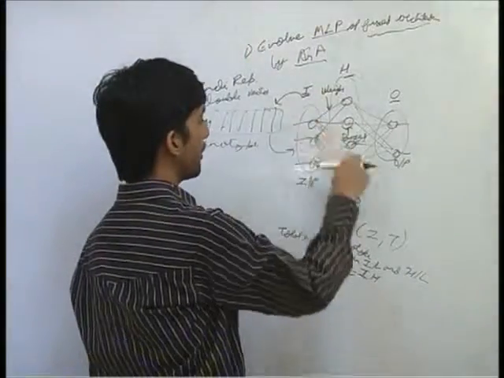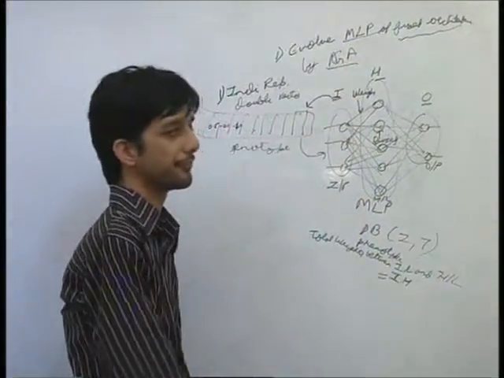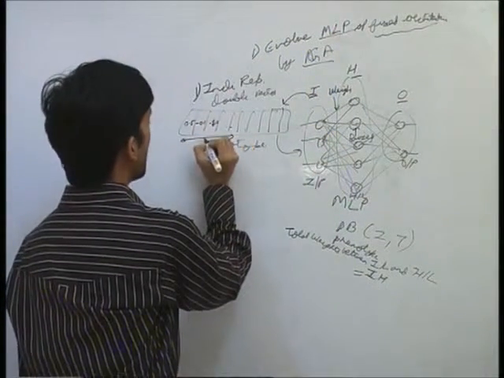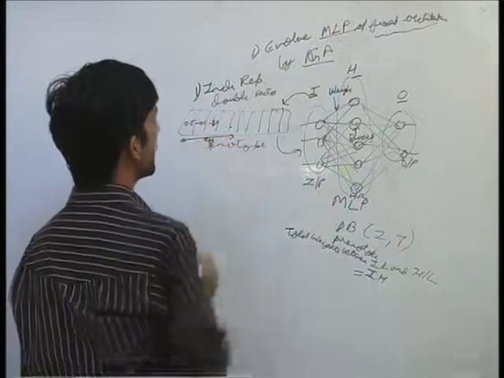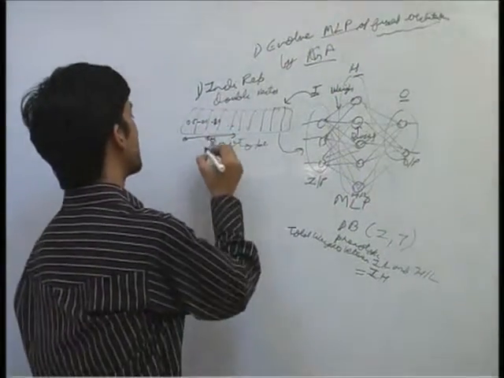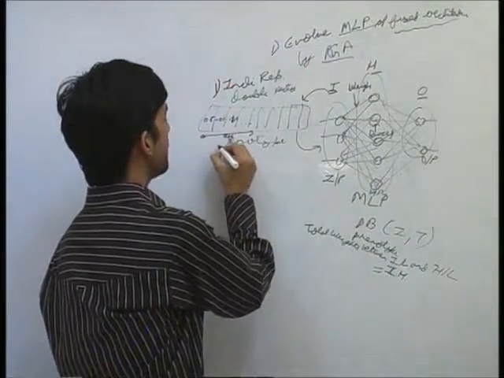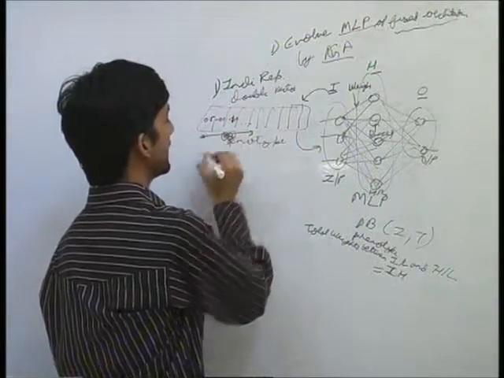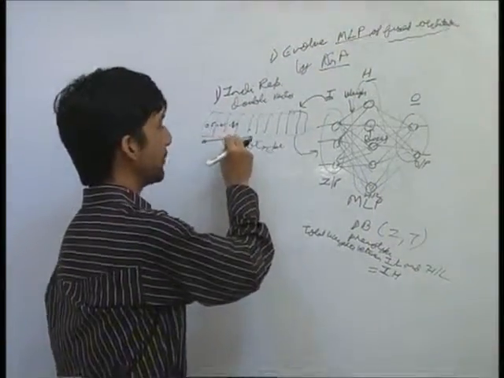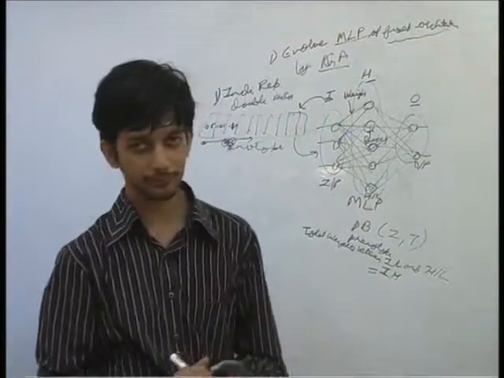So I note down all these weights, and similarly I repeat for all the other neurons. There will be a total of IH real numbers, and these IH real numbers denote the weights between the input layer and the hidden layer.